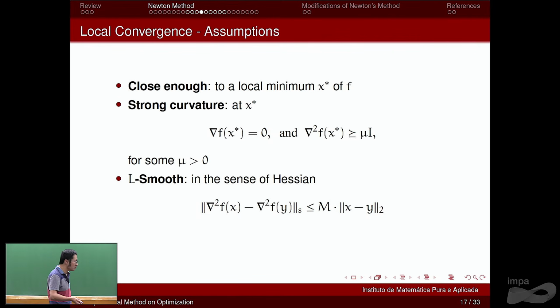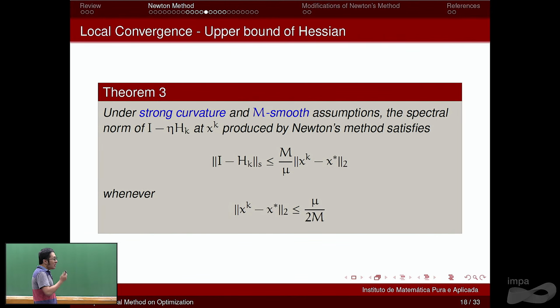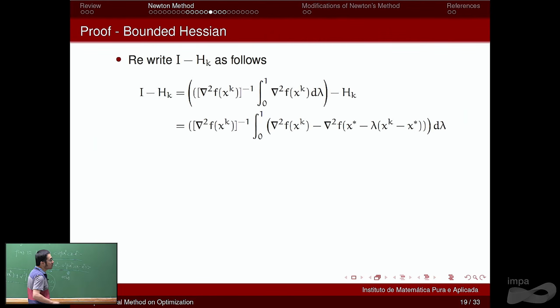Of course, we assume that the Hessian here is symmetric, so mu is the minimum eigenvalue of the Hessian. This holds whenever the distance between xk and x star is bounded by this constant. We need this to prove the local convergence of the Newton method. Let's see how we prove it.